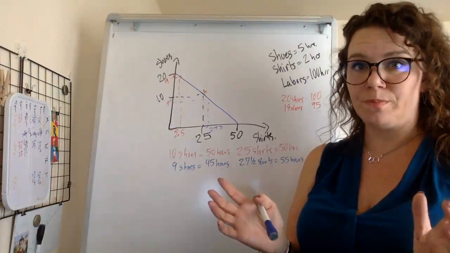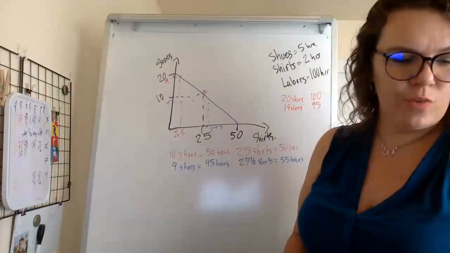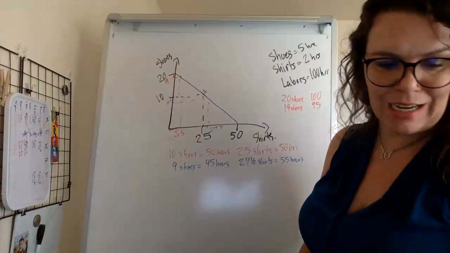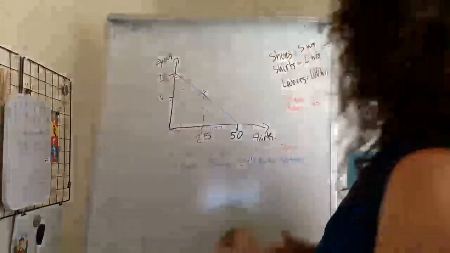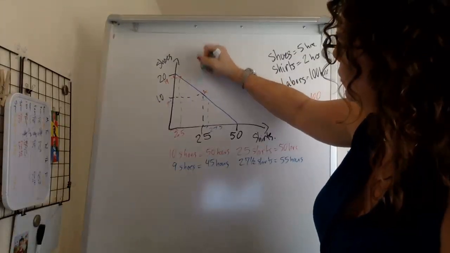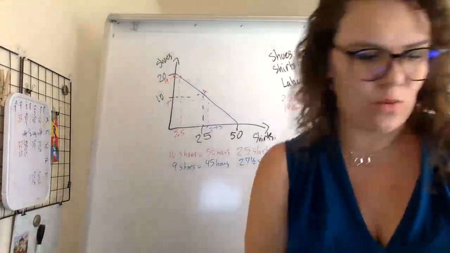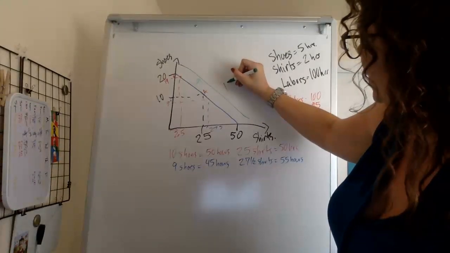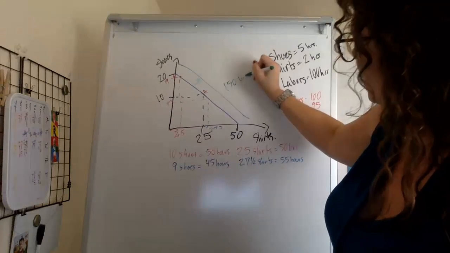Cool? Cool. If we, as a factory, decide to hire more workers, that's going to shift the production possibilities frontier out to a higher level. Maybe now we have 150 hours of labor.